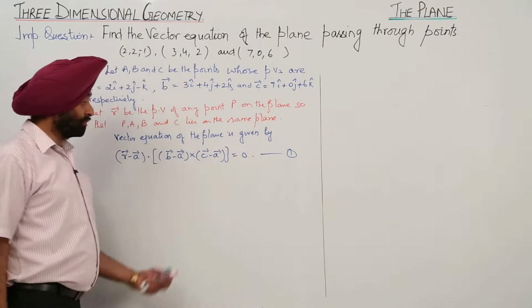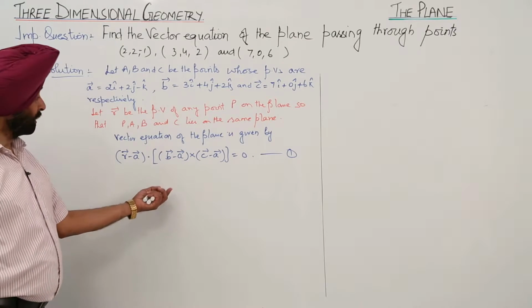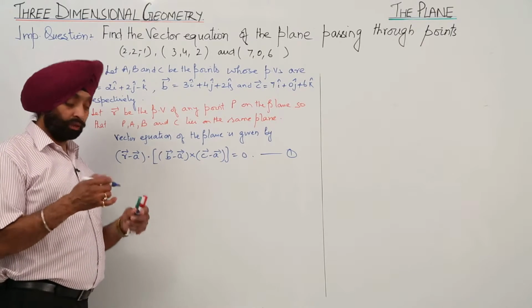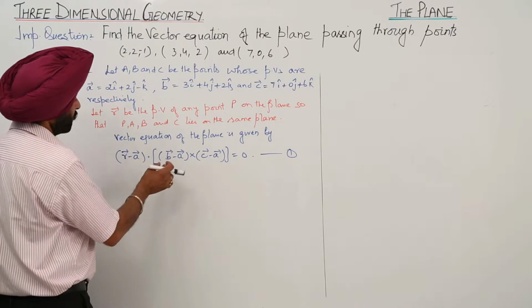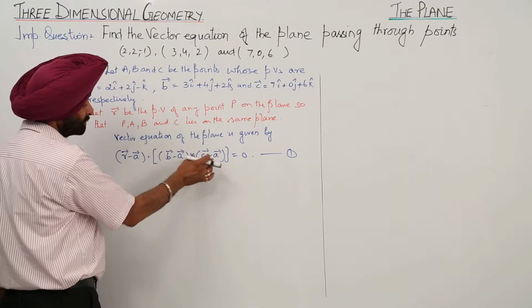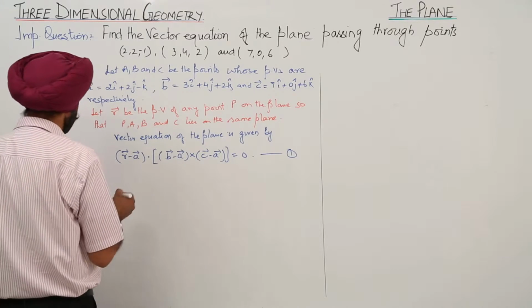Now, this is the vector equation of the plane passing through 3 given points. First of all, we have to find B minus A, then C minus A, then the cross product. Okay?